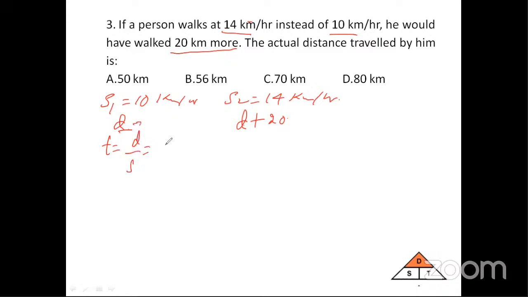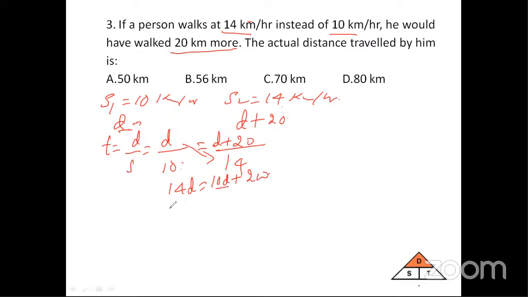So in the first case, we don't know the value of D, so we write it as D divided by 10. In the second case, D becomes D plus 20 divided by the speed, 14. Now, when we do cross multiplication, this becomes 14D is equal to 10D plus 10 into 20, 200.